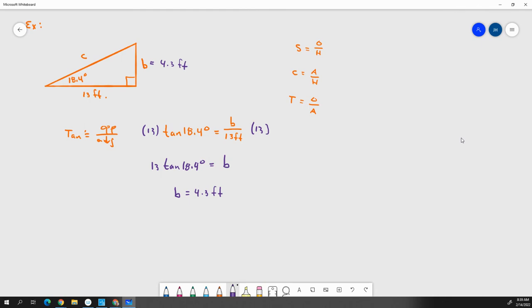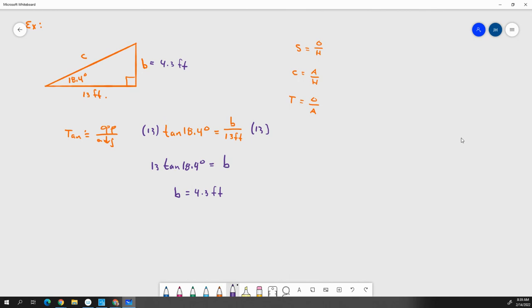Once I solved B, I've got both sides, so I can use that to solve, right? Oh no, I need a hypotenuse to do it. I actually have to do it this way.